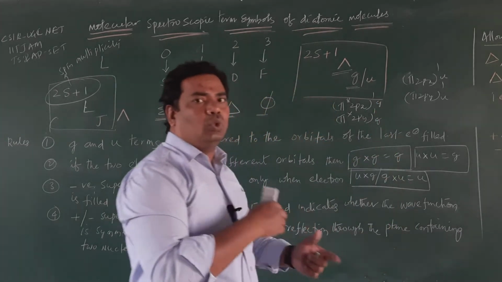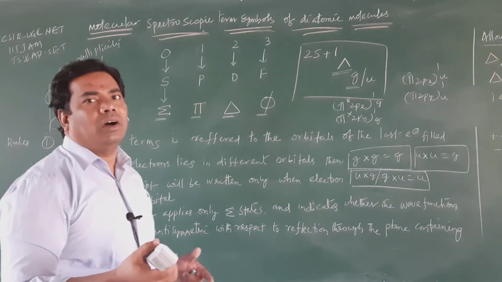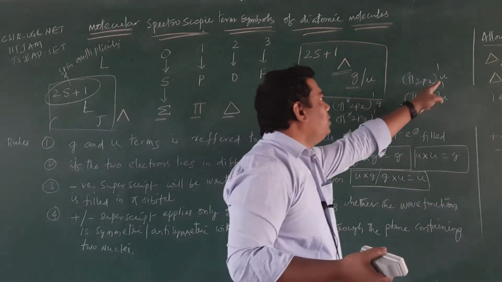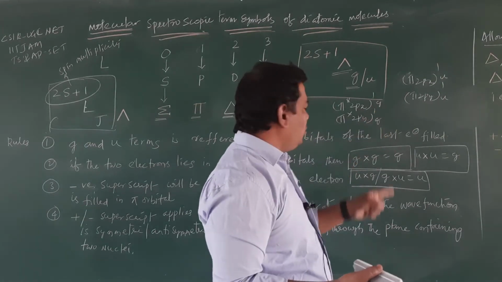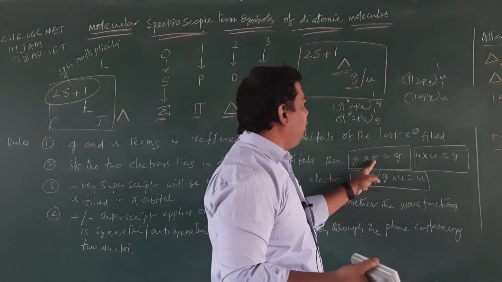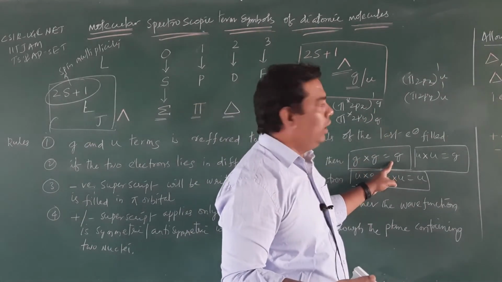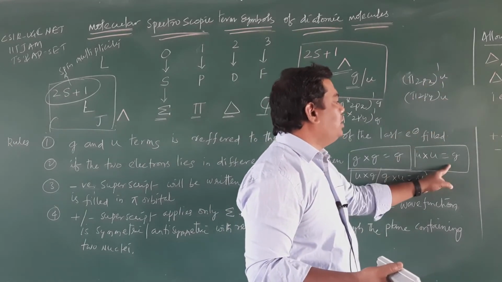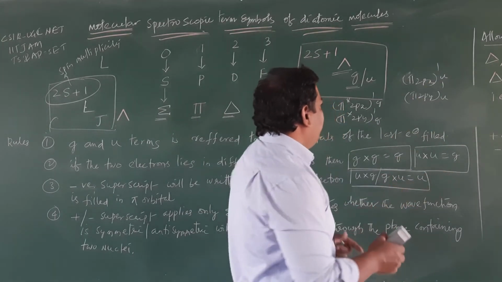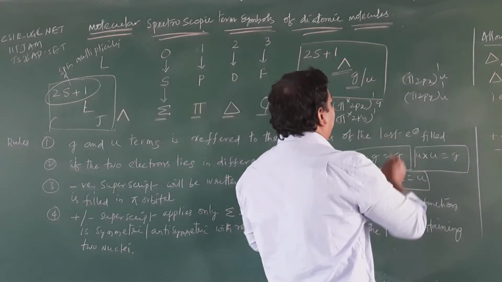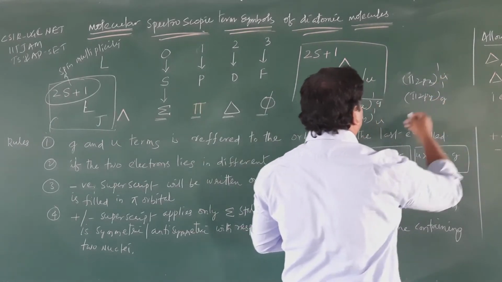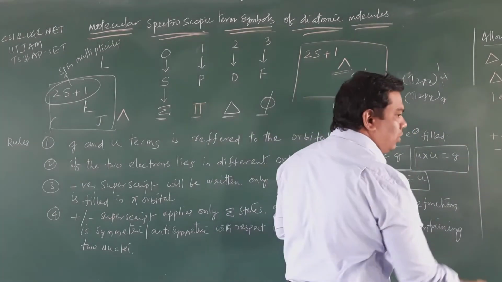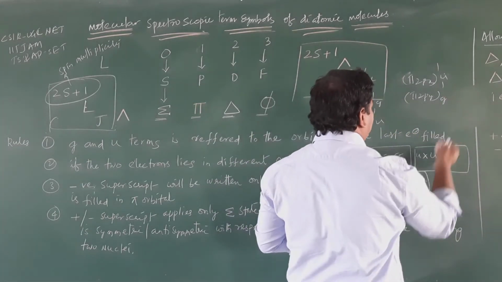If the two electrons are in different orbitals, it implies u into u, g into g. So g into g is equal to gerade only, and u into u is equal to gerade. But if one is g and the other is u, or u and g, then g into u is equal to ungerade, or u into g is equal to ungerade.